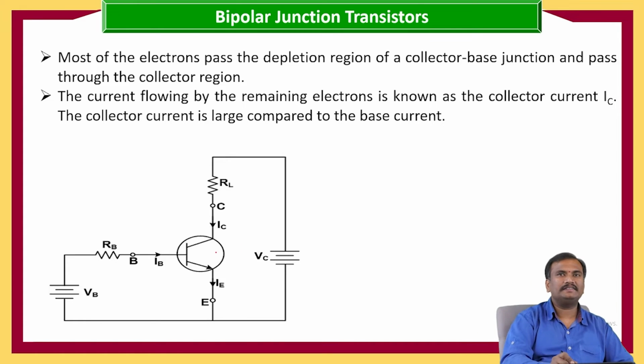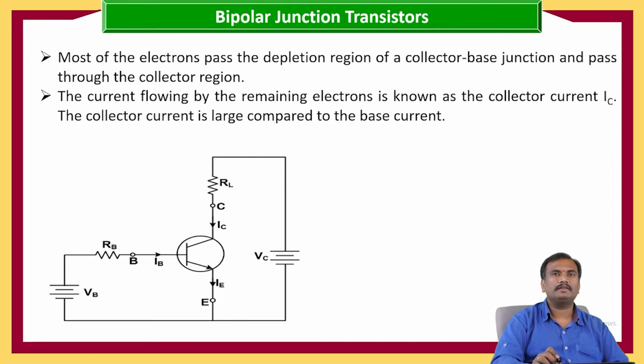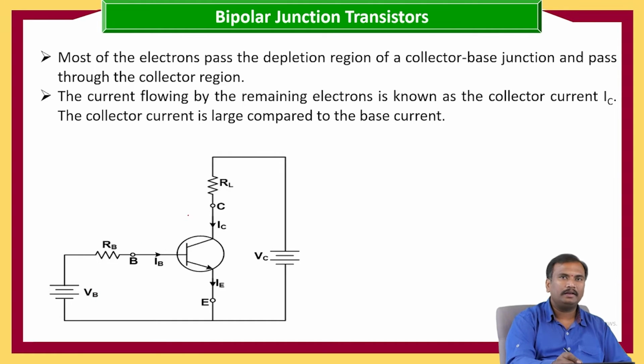This is the basic circuit diagram for the NPN transistor. Here the base resistance and load resistance are connected in order to limit the base current, and the load is where we are going to take the output. Here is VB, and here we can write P type, N type, and N type. The emitter to base junction should be forward biased.